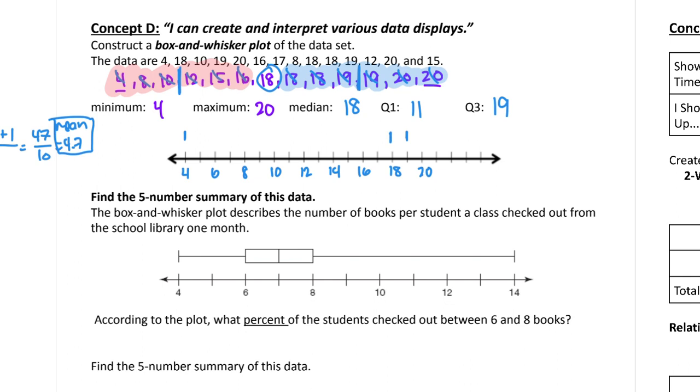Q1 is going to be 11. And then my maximum is 20. And then my Q3 is going to be 19 here. So my whiskers are on the end, and then I'm going to draw my box. So as we can see, this is a skewed left distribution because I have a long tail on the left-hand side.